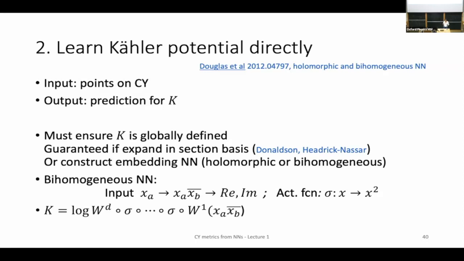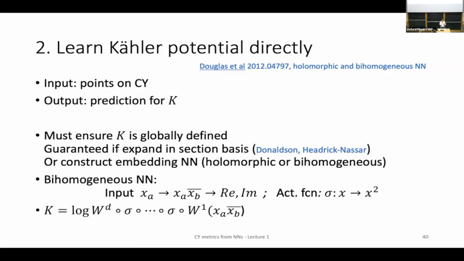And it is guaranteed if you expand it in the spectral basis, or the basis of polynomials, or the basis of sections of line bundles of a particular type. So this is guaranteed in Donaldson's algorithm and in this functional approach. And this is also one of the reasons why you would want to use that kind of basis.